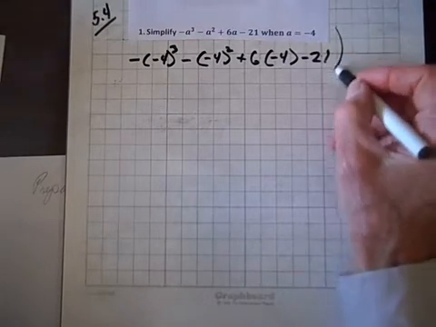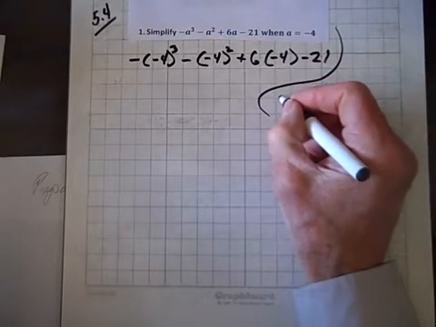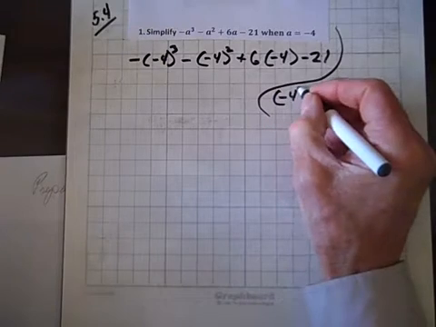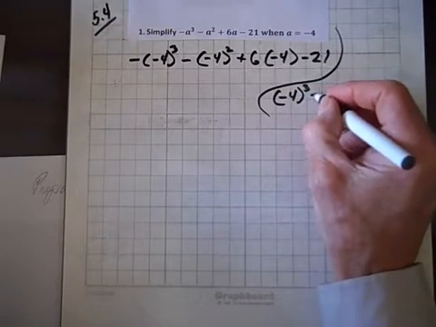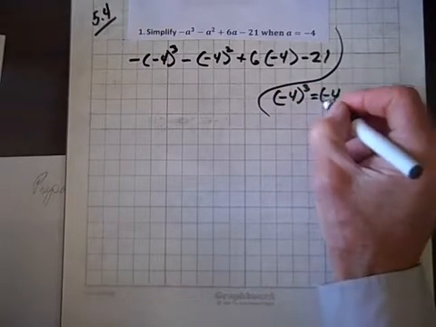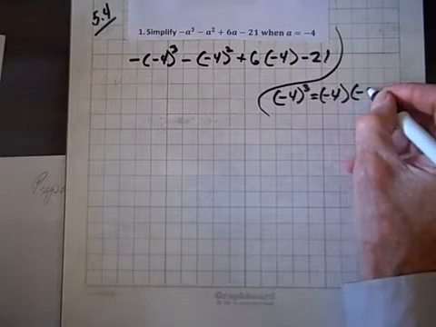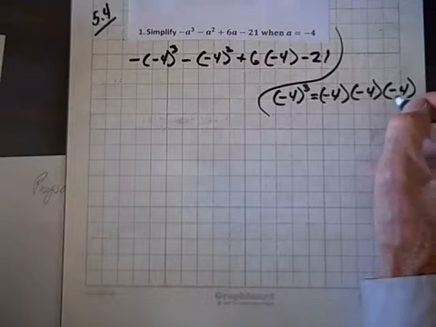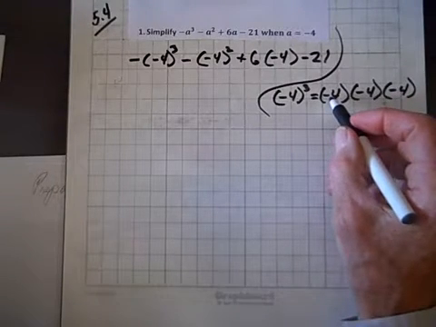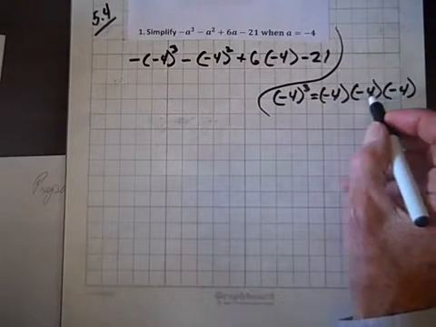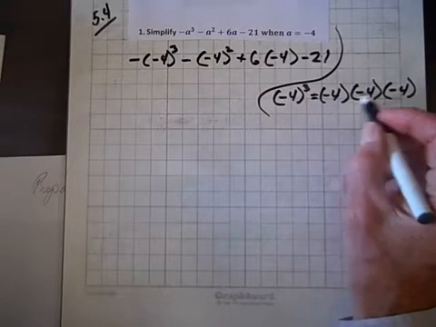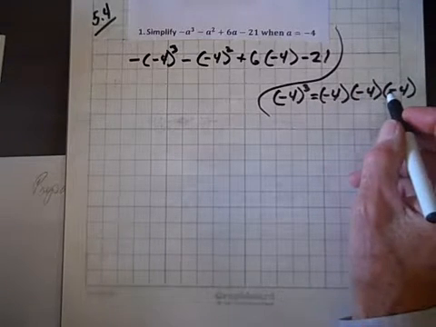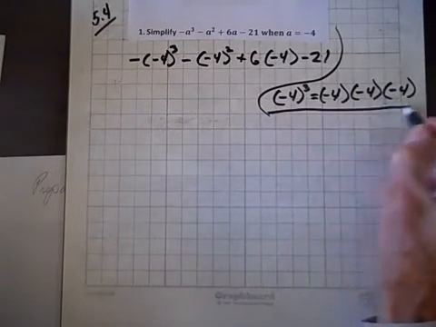And so here's an aside. -4 cubed equals -4 times -4 times -4. So we have the product of an odd number of negatives. So that product is then going to be negative.